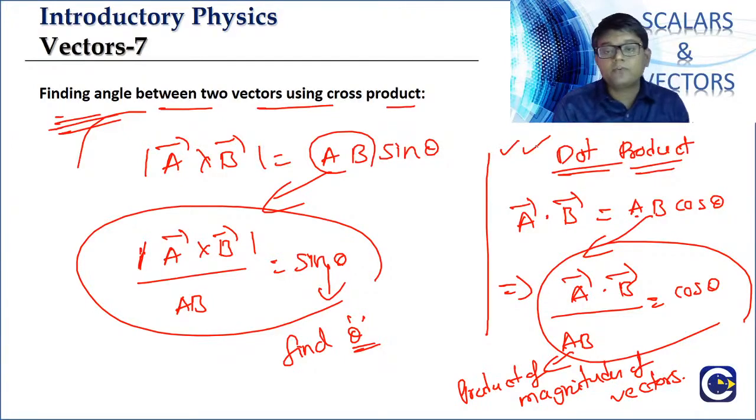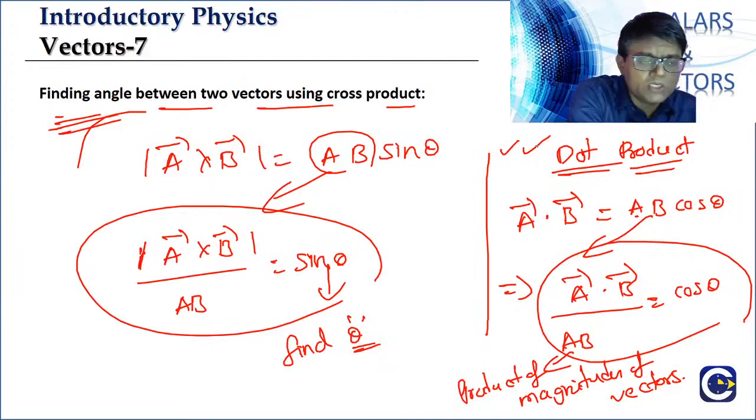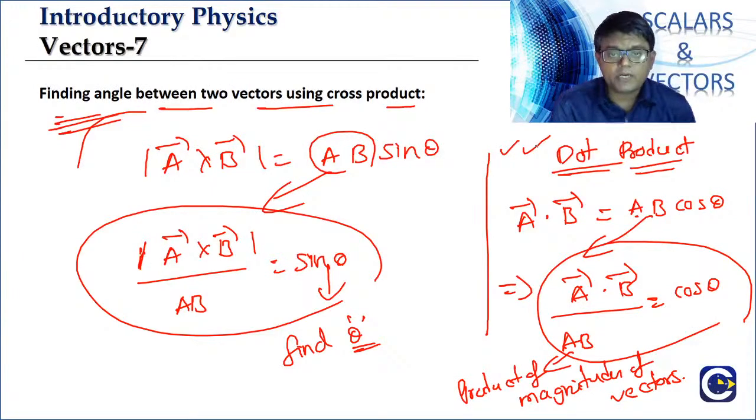Finding the dot product of two vectors in the component form is easier than finding the cross product. That is the reason why people generally prefer getting the angle value by using the dot product. So this is about the application of the cross product to find the angle between the vectors.